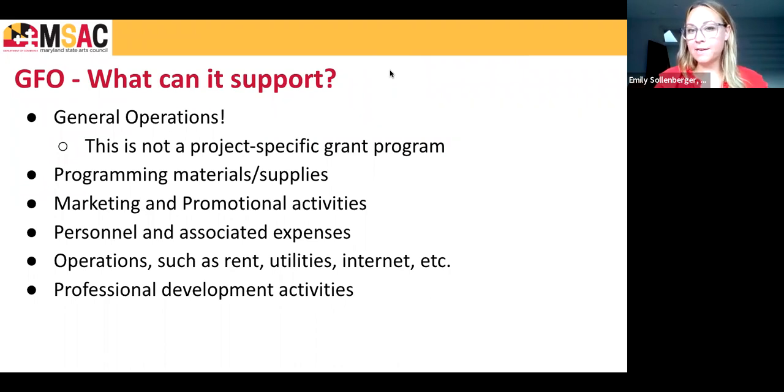It can cover marketing and promotional activities, personnel and any of those associated expenses, operations such as rent or a mortgage, utilities, internet, phone, those sorts of things, any type of professional development activities. So really any of those general annual expenses that are needed to continue that mission work.